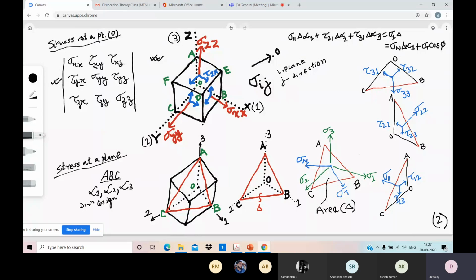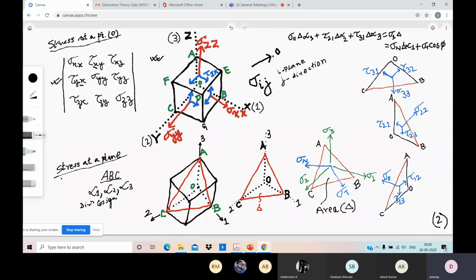Here you can take a particular value, suppose G or something. So the Y plane is basically FDGC, and the X plane is EBGD, likewise.